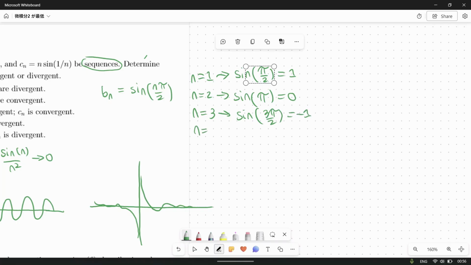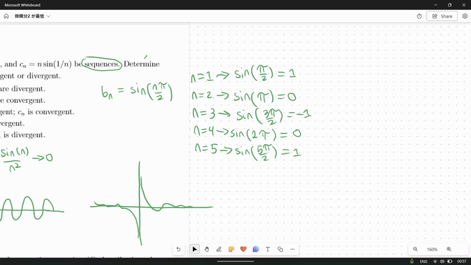And in the case of n equal to 4, you end up with sine of 2 pi, which goes back to 0. And then at n equal to 5, you end up going full circle, back at sine of 5 pi over 2 being equal to 1. And so you can see after every 4 passes of n, you end up going full circle.